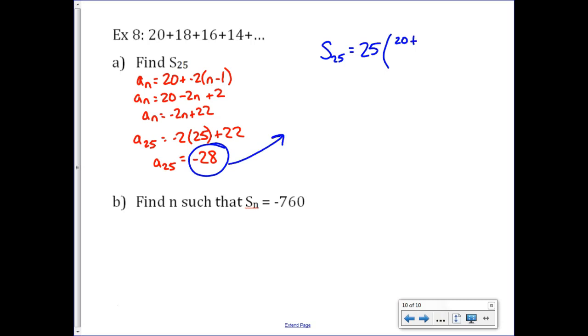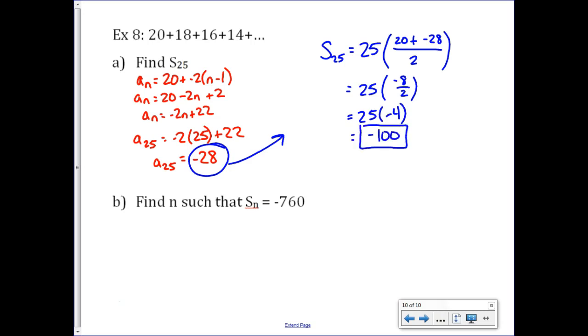So I'm going to take that and add that up here, and then I divide by 2. So 25 times negative 8 over 2, or 25 times negative 4 is negative 100. So our answer here is negative 100.